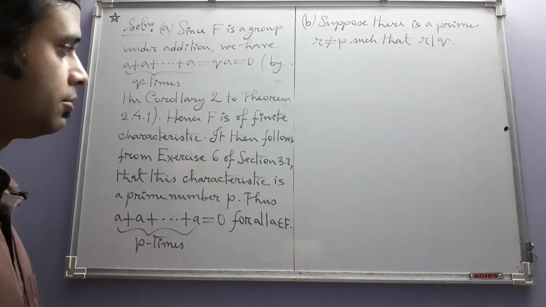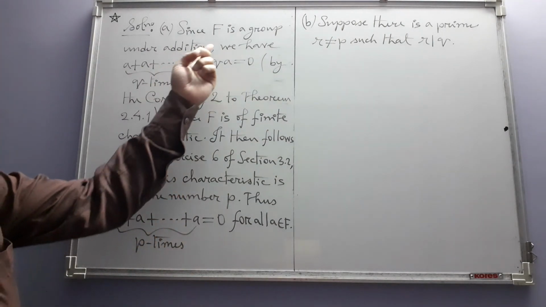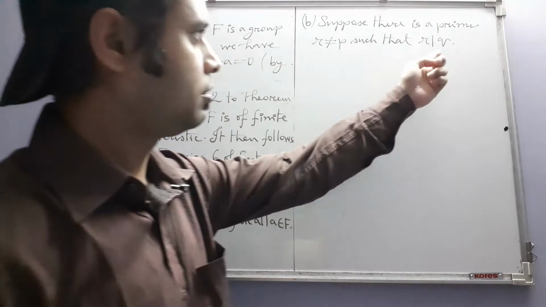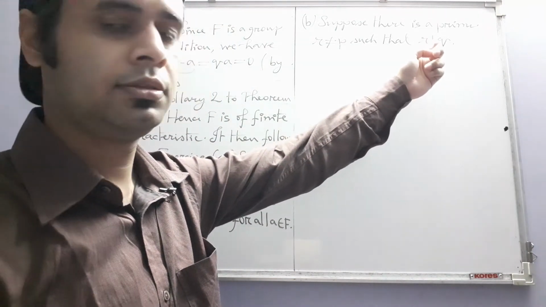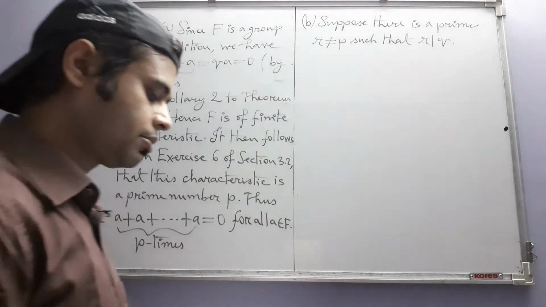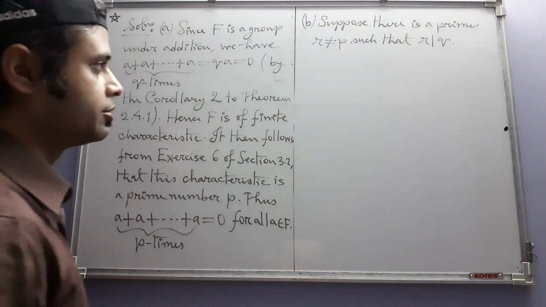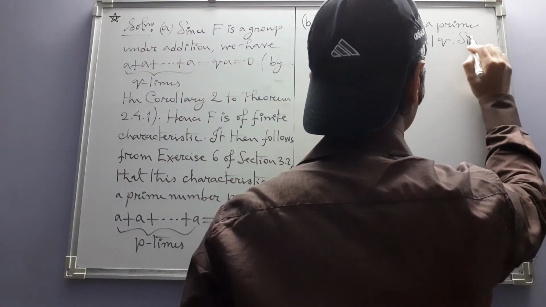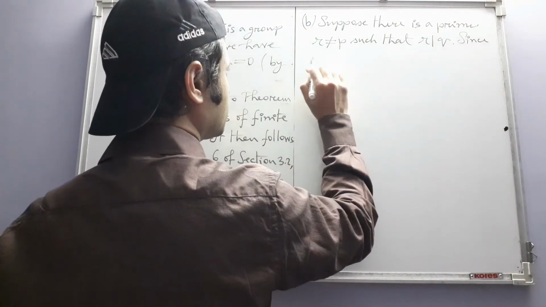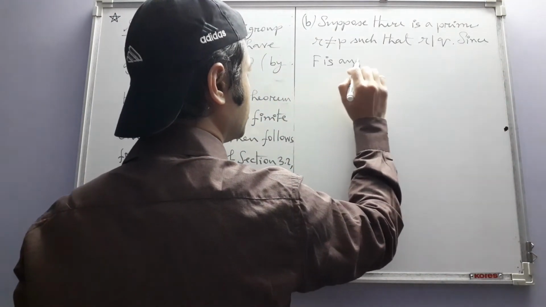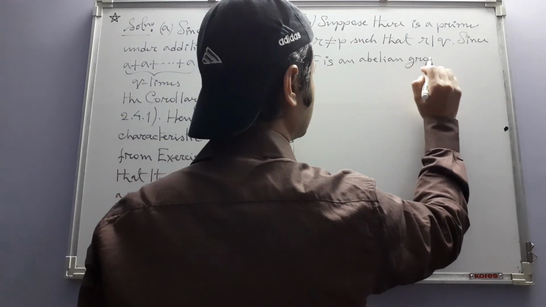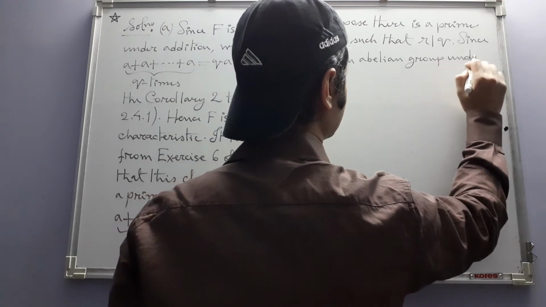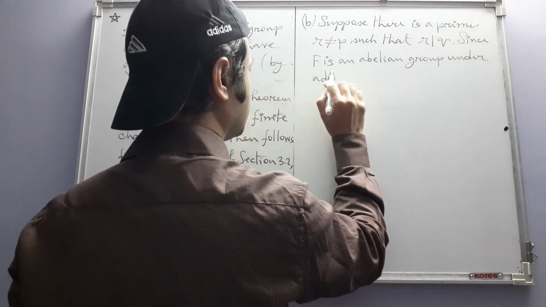Okay, now again we are in the additive group F, whose order is Q and R is a prime that divides Q, and we have Cauchy's theorem for abelian groups, because now our group is abelian also, since F is an abelian group under addition.